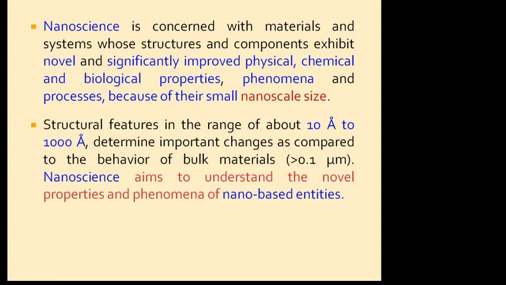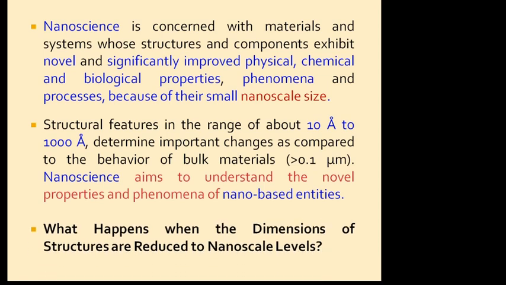So nanoscience aims to understand the novel properties and phenomena of nano-based entities. What happens when dimensions or structures reduce to the nanoscale or nano level? Take a larger rod of iron and a nanoparticle of iron.